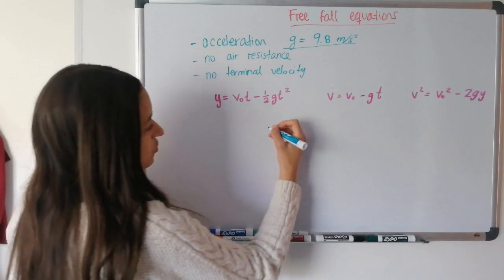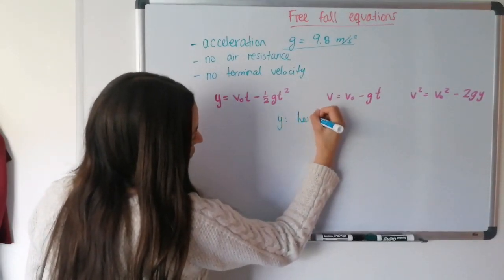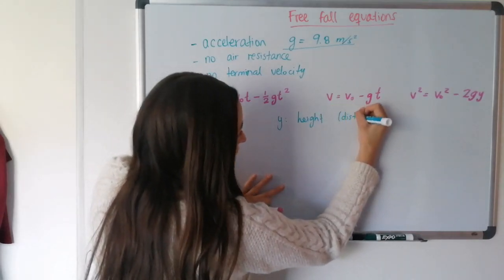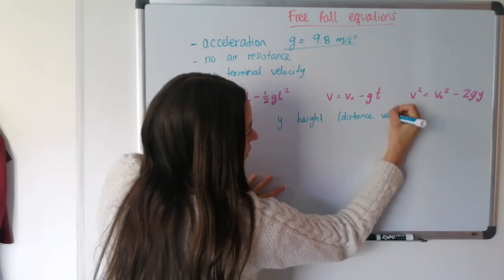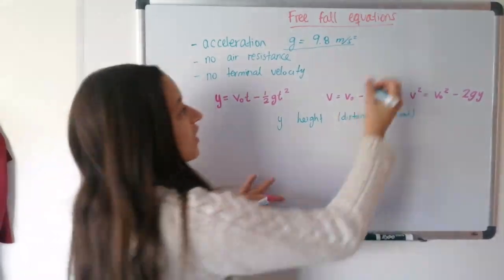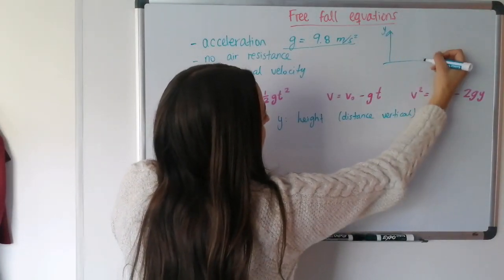So you might notice there's a y. Y is the height. It also means the distance in the y-axis, so vertical distance. It's called y because when we draw a graph in math, we always have our y-axis and our x-axis, right?